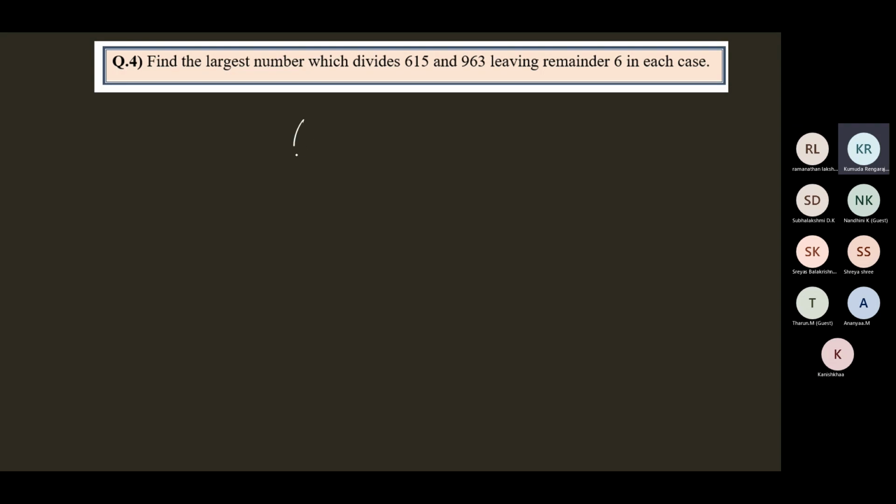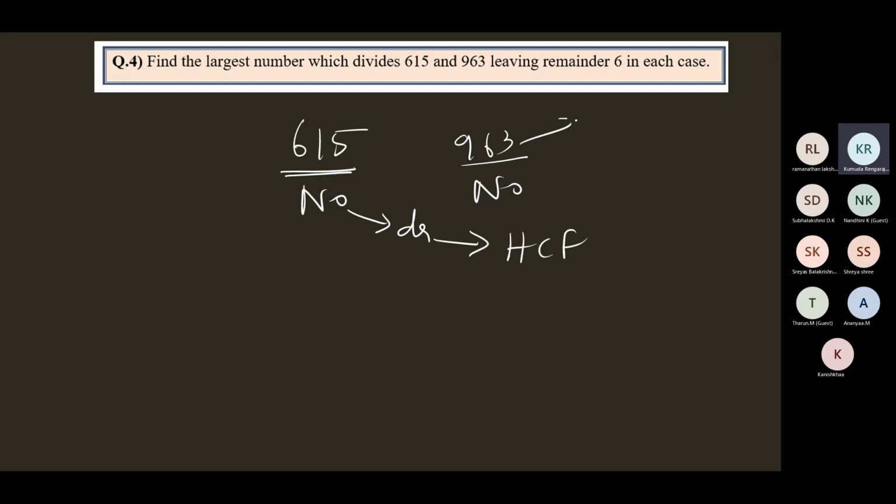Divides means it's the denominator. The number you're going to find divides this number and this number, leaving remainder 6 in each case. So you're looking for the denominator. If you're looking for the denominator, it is the HCF. If you're looking for the numerator, it is the LCM.